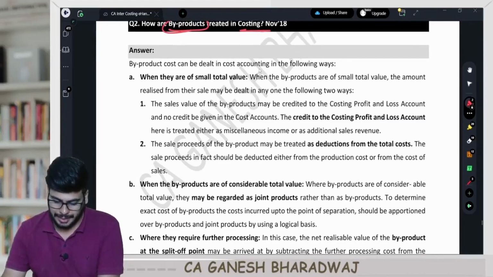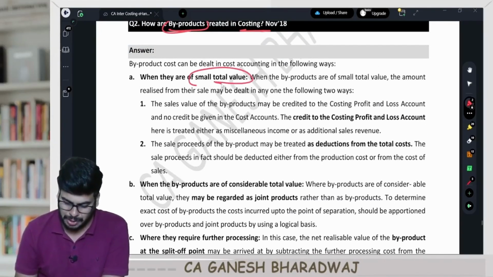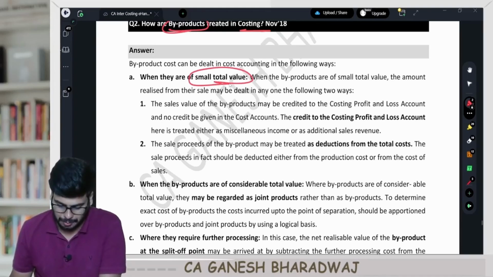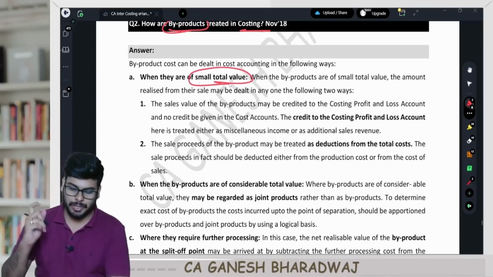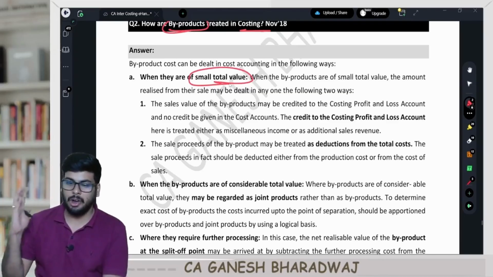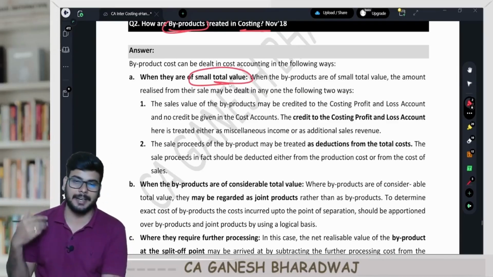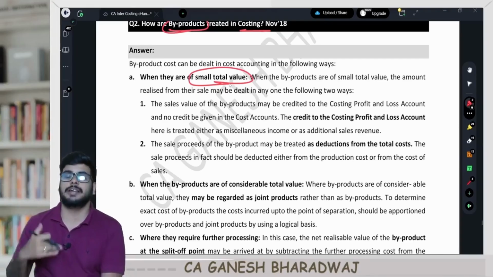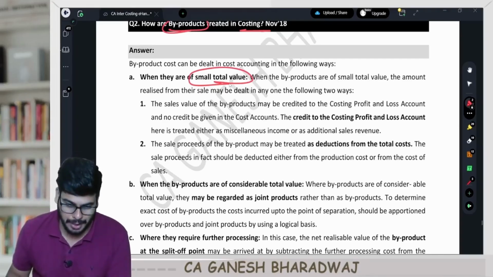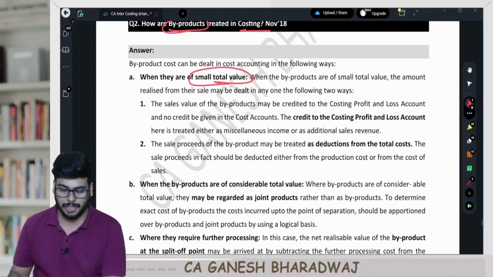Now, how are byproducts treated in costing? We have already seen this before. If the value is so small, two options are there. One, you take the sale proceeds to P&L, or you credit the sale proceeds to the process account so that it reduces the joint cost and only the net joint cost gets apportioned between the expected good units, or in other words, your joint products.